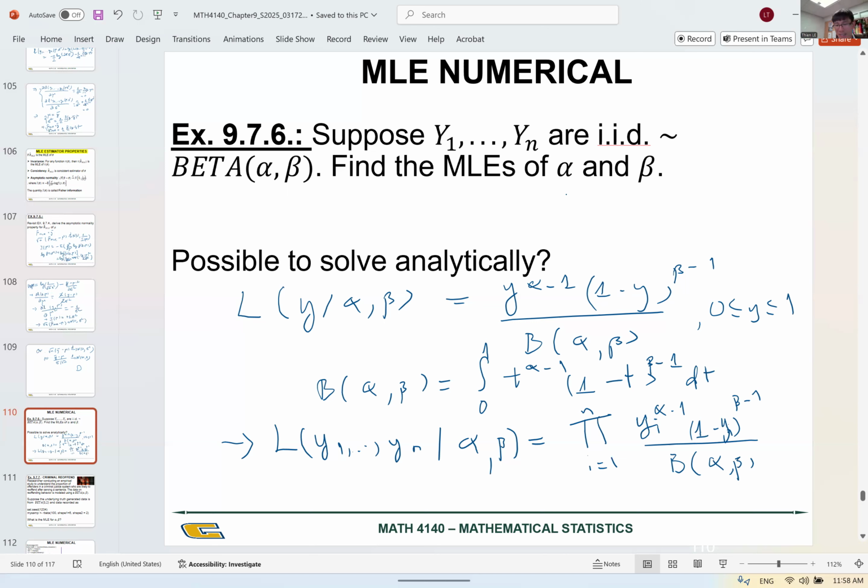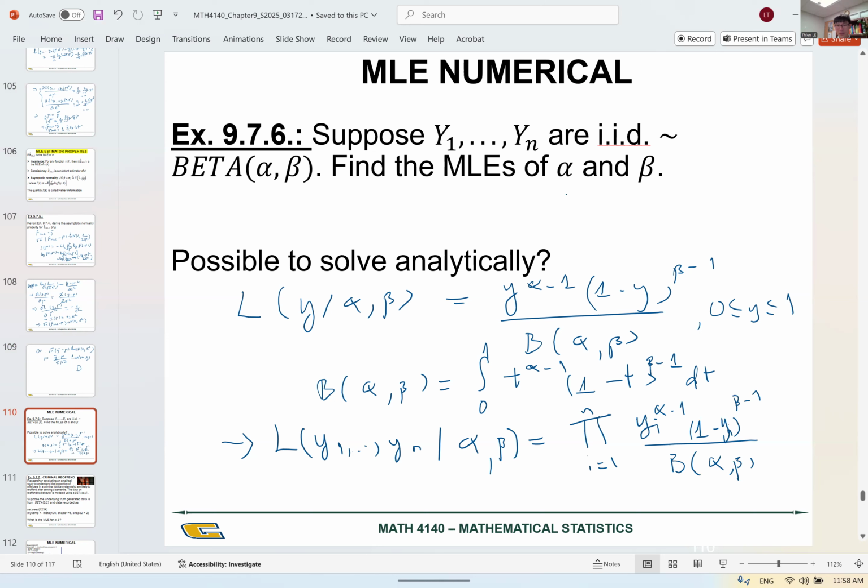Right. So now you see that for sure, it doesn't matter how you take the derivative with respect to alpha and beta, you won't get anything in terms of closed form, because the beta function itself is complicated enough. It's an integral, right?